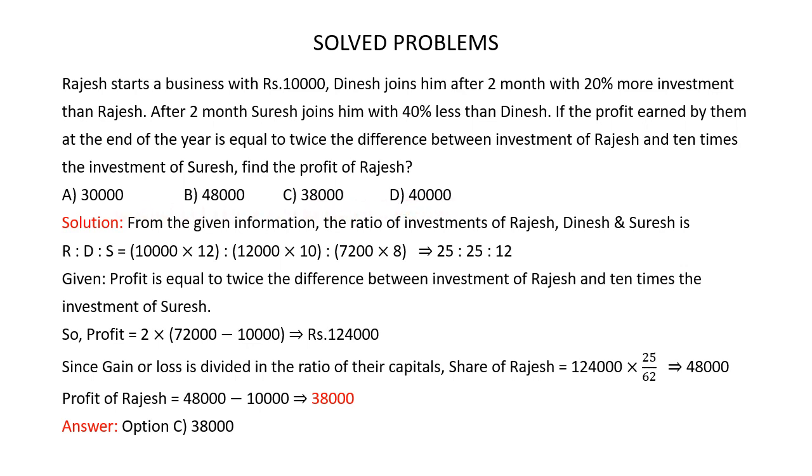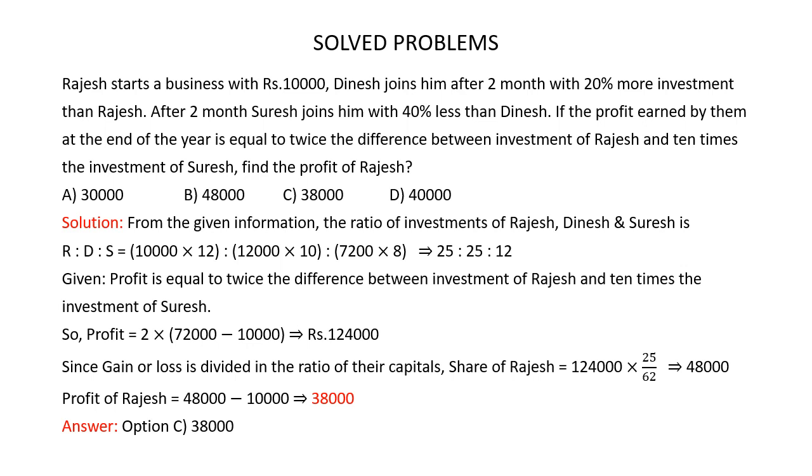Now it's given that the profit is shared at the end of the year. So the investment period is 1 year, that is 12 months. Now Rajesh starts the business with rupees 10,000. So Rajesh has invested 10,000 for 12 months.